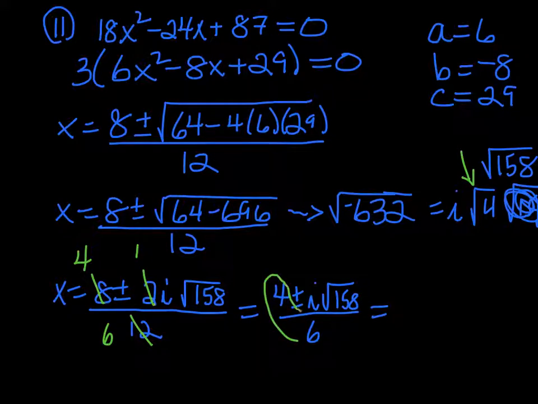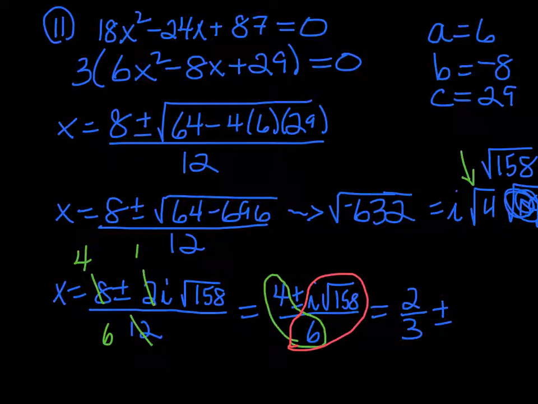So I'm going to start by looking at this, and that's 4 over 6. And when I reduce 4 over 6, that's going to give me 2/3. Okay? And then my plus or minus sign. Now, if I look at the second part here, let's look at that part right there.